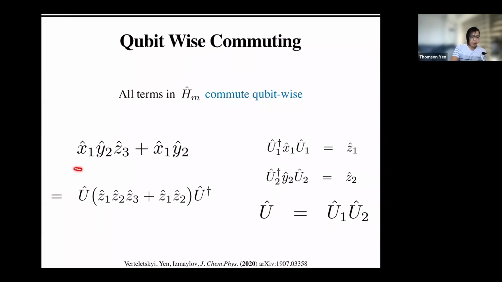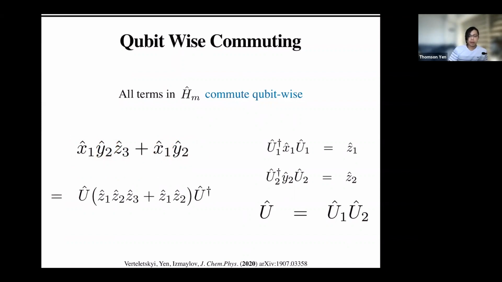So here's the example. You have two terms here only, and these two terms commute qubitwise because on individual qubits, they all have the same Pauli matrices. So on the first qubit, it's X here as well. And the second qubit is all Y. And on the third qubit, it's Z or identity, and that's fine.